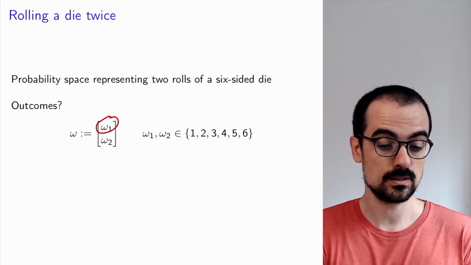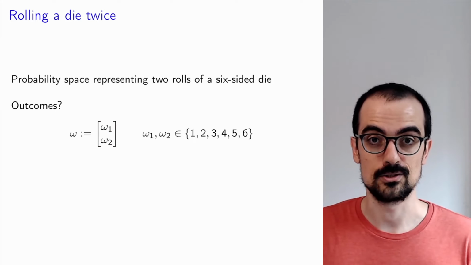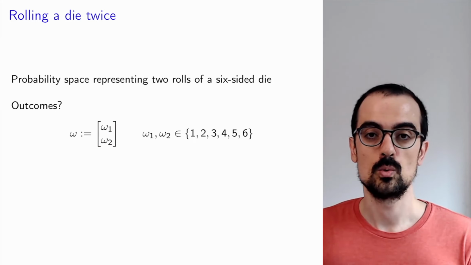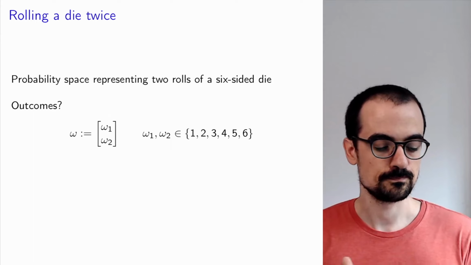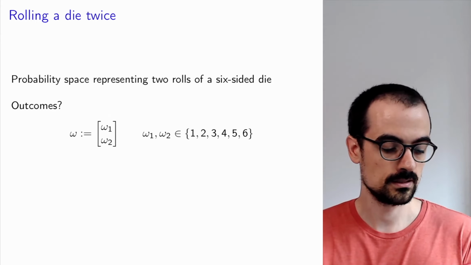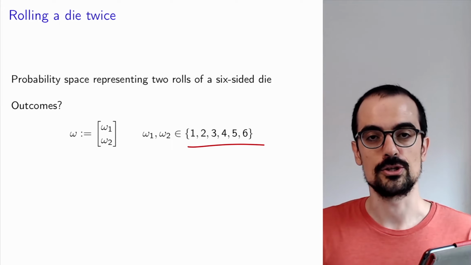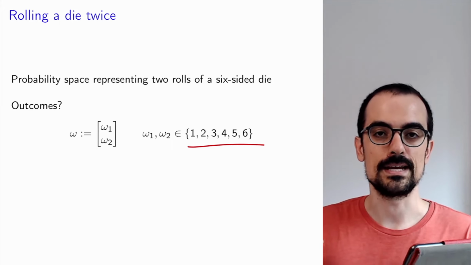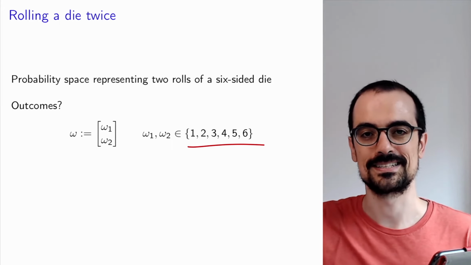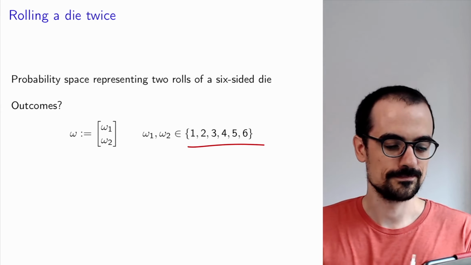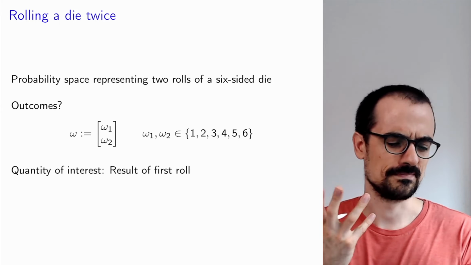To get an outcome, we always roll the two dice, so we always get these two numbers. We get a two-dimensional vector. Each of these entries can be equal to 1, 2, 3, 4, 5, 6, so you can think of the sample space as a 6 by 6 square, or a 6 by 6 matrix.